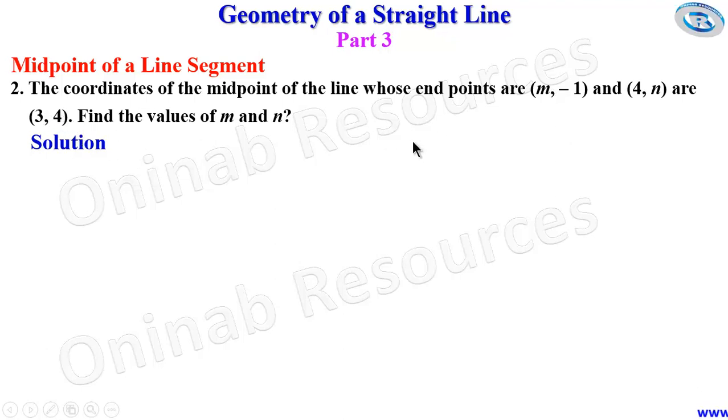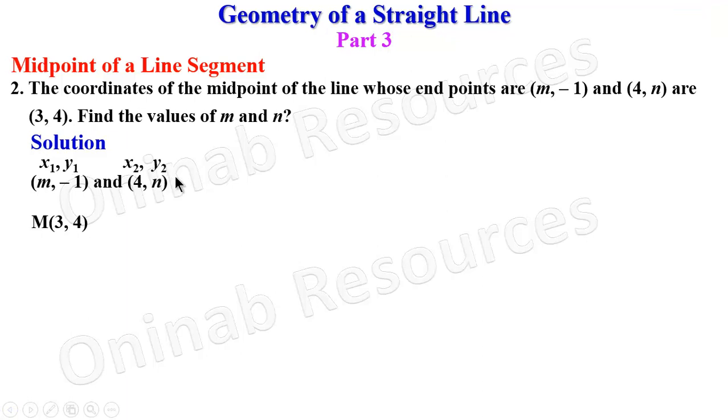So the two points are (m, -1) and (4, n), and the coordinates of the midpoint are (3, 4). That is to say, this is our x1, y1, this is x2, y2, and our a and b is this.